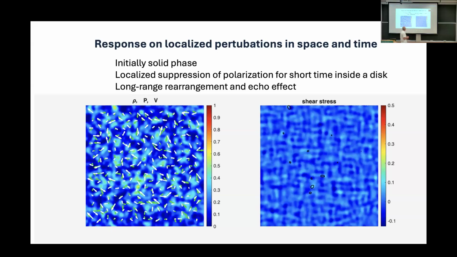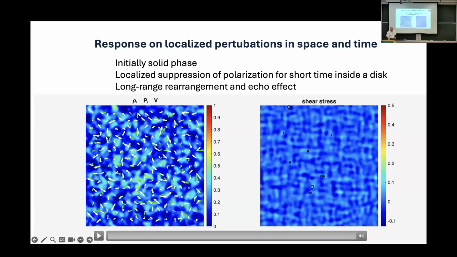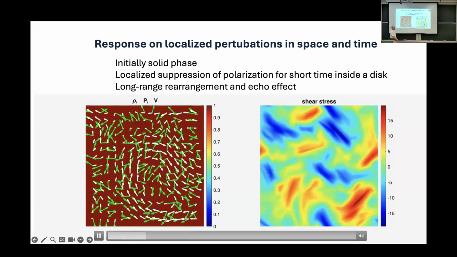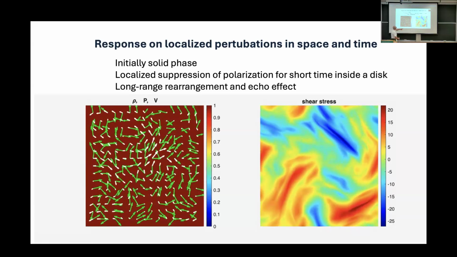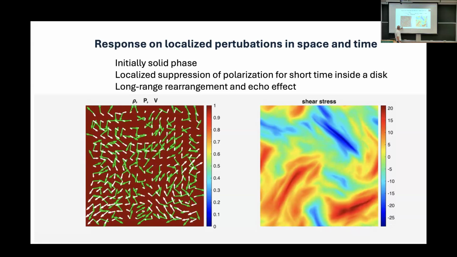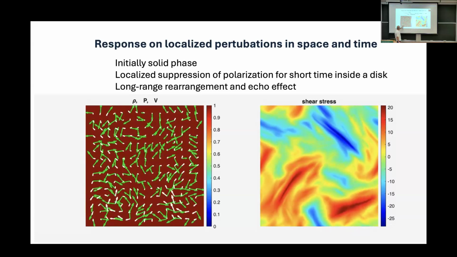Now we disrupt polarization in this area, and this global balance is destroyed. The system starts to rearrange globally. So the response is more dramatic and more long-term. Again, it doesn't melt. Now we introduce the perturbation, and you see rearrangement everywhere, somewhere here too.